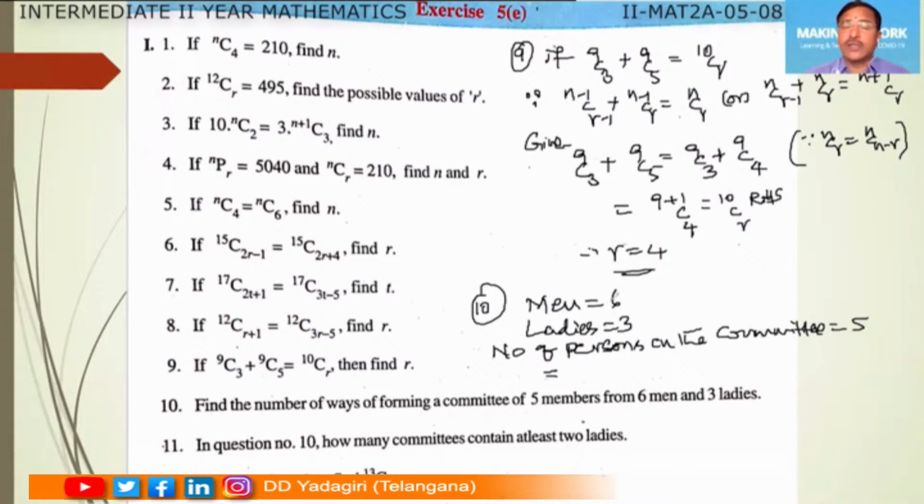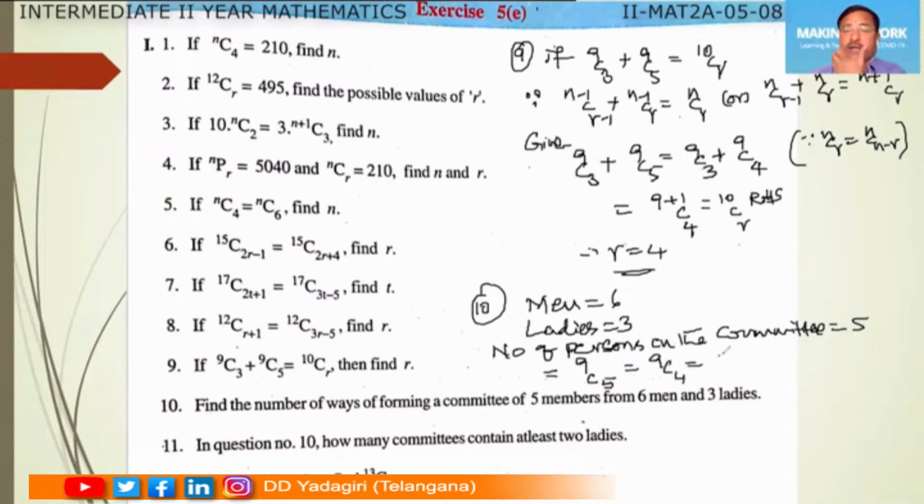So 6 plus 3, that is total 9 persons, from which we form a committee of 5 persons. Every time we choose 5 persons. As many ways as we choose 5 persons every time, so that many ways the committee of 5 members will be formed. So this can be done in 9C5 ways, and this is equal to 9C4.